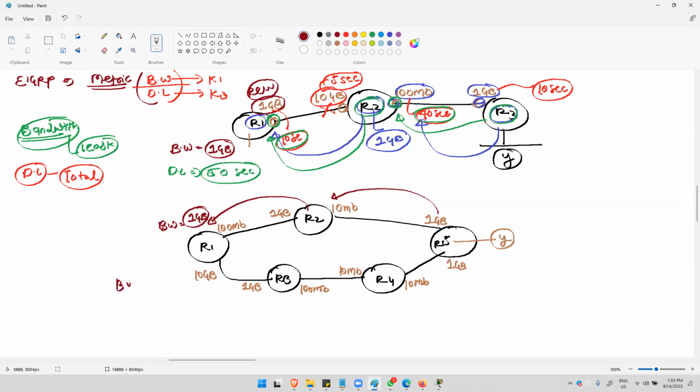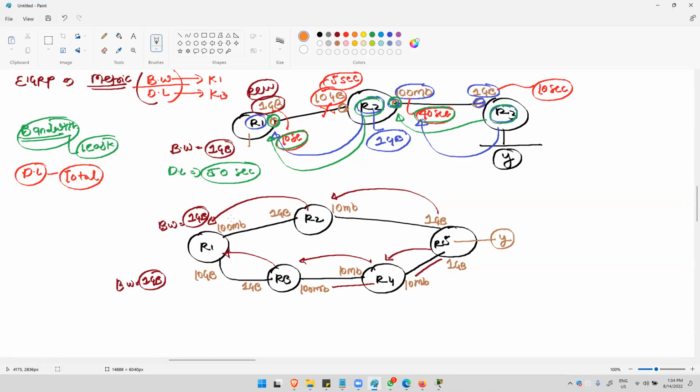From this side it is receiving 1 GB, 10 MB, then 1 GB. In between, which one is least? Only the least one is used, 10 MB. Clear?